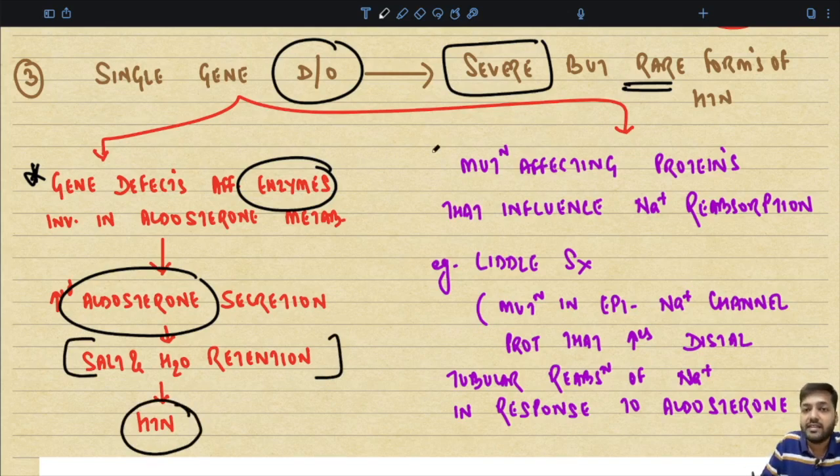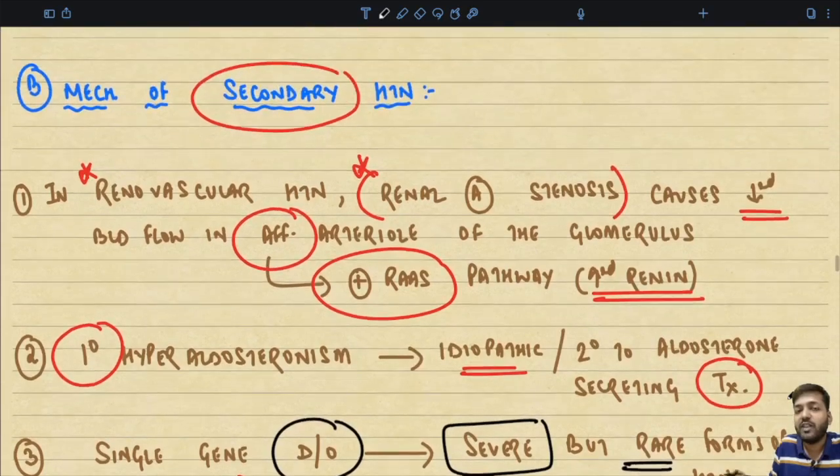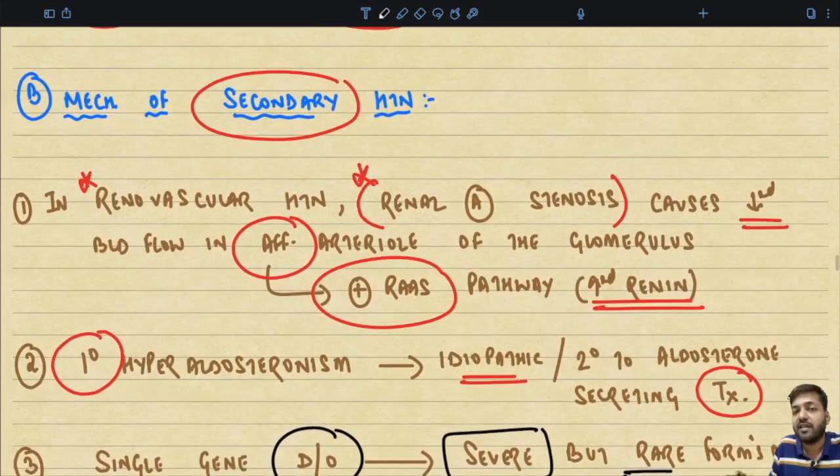And secondly, there might be certain mutations affecting the proteins that influence sodium reabsorption. For example, Liddle syndrome. In Liddle syndrome, there is a mutation in the epithelial sodium channel protein that is increasing the distal tubular reabsorption of sodium in response to aldosterone. So these are some of the most important mechanisms of secondary hypertension.